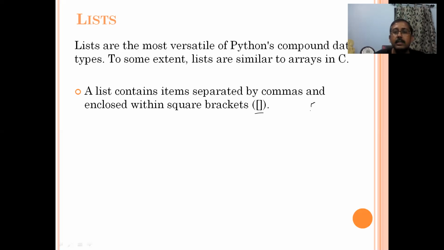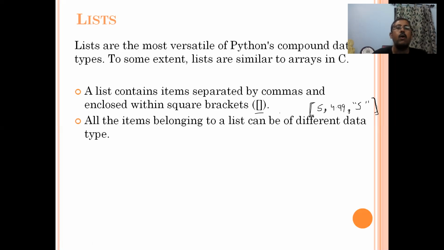So you can have a list like this, say 5, which is of an integer data type, and then you can have 4.99, which is a float number, right? Then you can have a string here, say S. So you can have different elements stacked up together between the square brackets, each of the elements separated by a comma. This is how a list looks like.